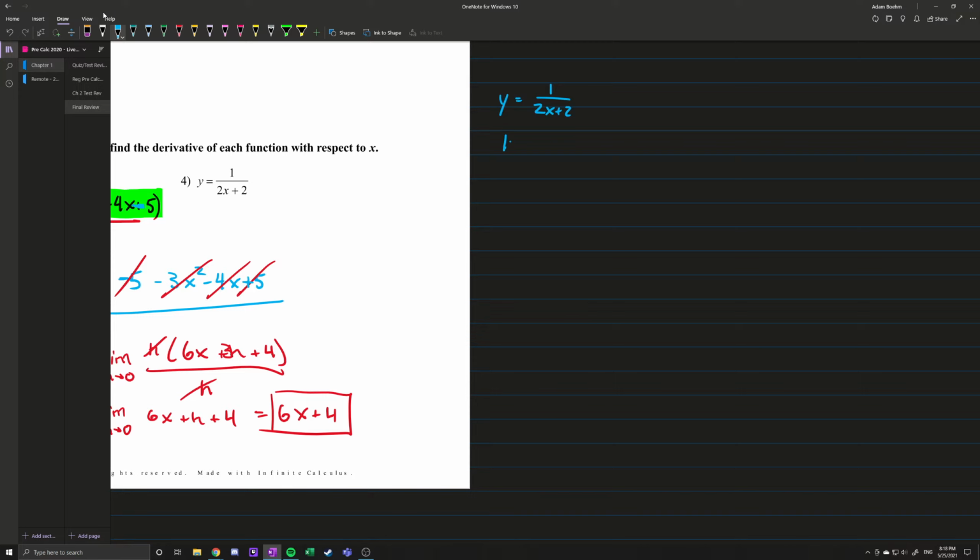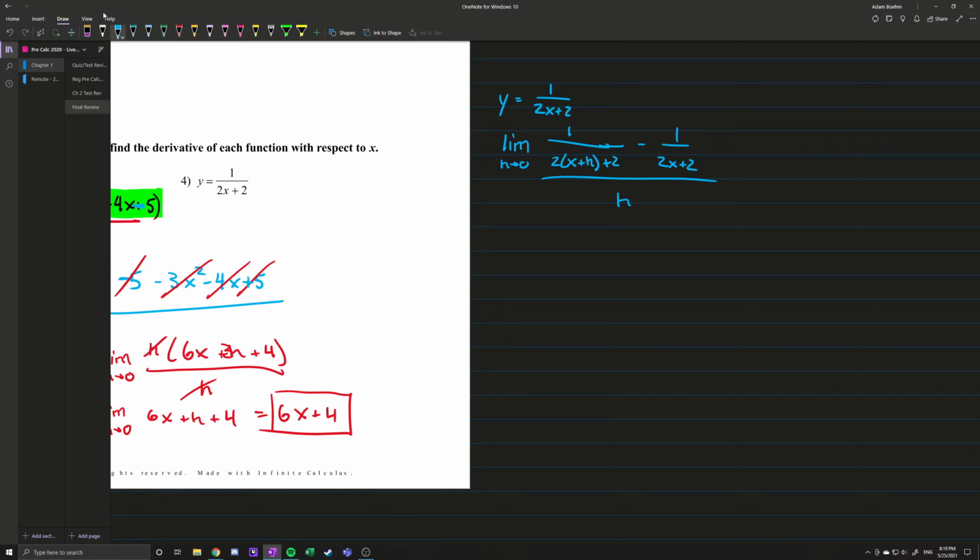So that means we want to take the limit as h approaches 0 of 1 over 2x plus h plus 2 minus 1 over 2x plus 2 all over h. I think we did this together in class, but I'll go ahead and do it again.